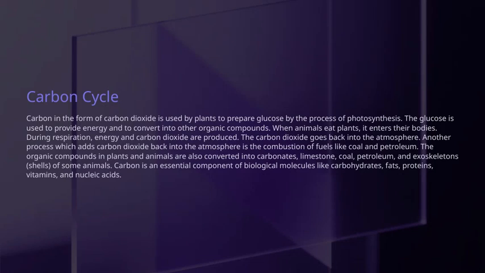Let's take a closer look at the carbon cycle. Carbon, primarily in the form of carbon dioxide, plays a crucial role in supporting life on Earth. Plants use this carbon dioxide during photosynthesis to make glucose, which is their way of storing energy. This process is fundamental because it forms the base of the food chain and helps regulate atmospheric carbon levels.